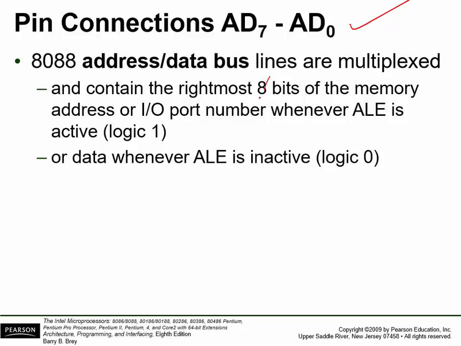And the address and data bus can only be either an address bus or a data bus. There's a line called the ALE, one of the lines that I circled. That line is the address latch enable. When that line is low, it's a data bus. When that line is high, it's an address bus.